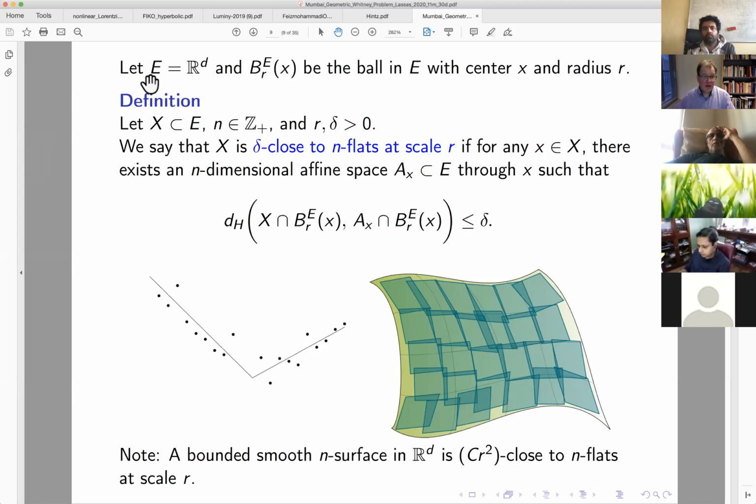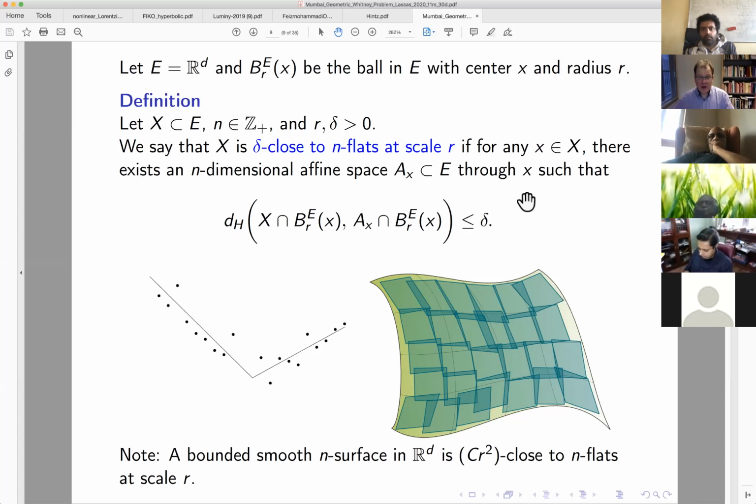So let E, the Euclidean space, be here R^D, and I use this notation for balls with radius R and center X. Then we have a subset X of the Euclidean space. We specify the dimension n, and then two parameters R and delta. We say that the subset X is delta close to n flats at scale R if the following is true.